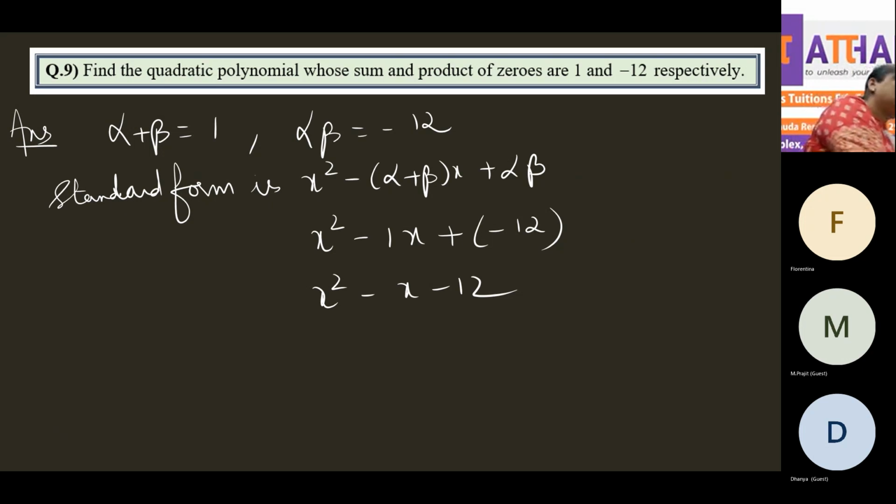Okay, very simple. For a sum and product that are different, what will you do? Formula.